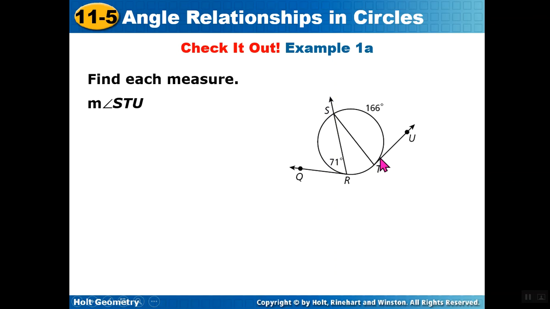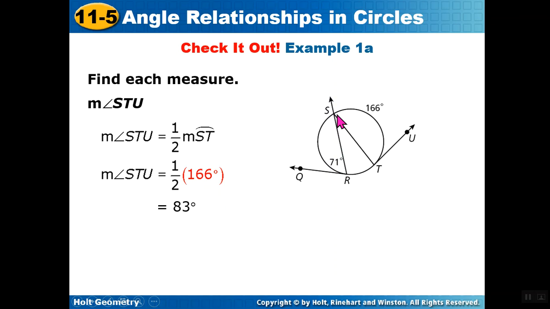Then the relation is the measure of this angle is equal to half of this arc, as we knew from the theorem. So measure of angle STU is equal to half of the arc ST, which is half of 166, equal to 83 degrees.